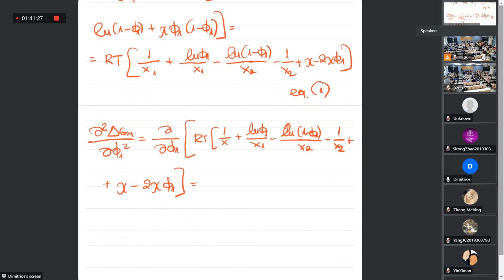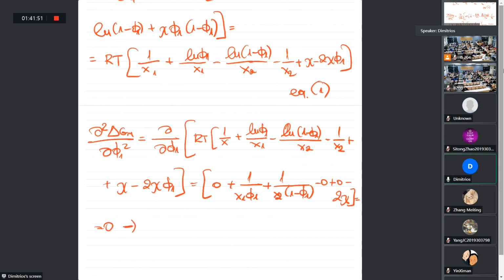So that gives us 0 plus 1 over x1 f1 plus 1 over x2 1 minus f1 minus 0 plus 0 minus 2x. And that should be 0, okay?